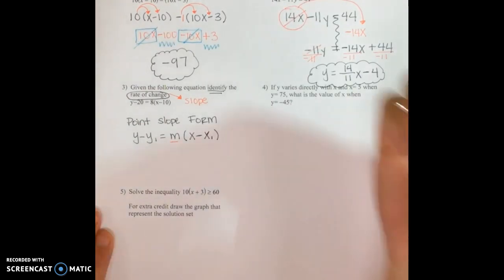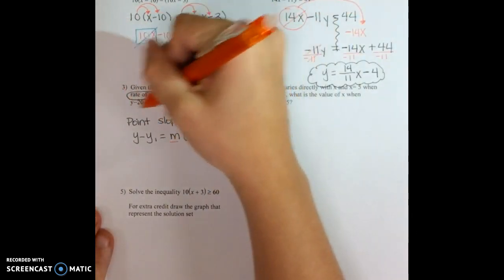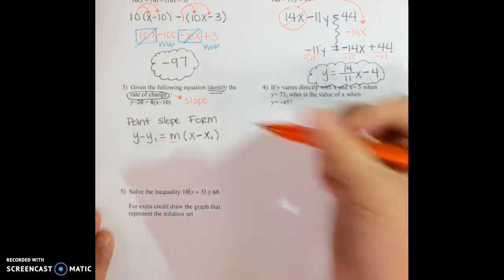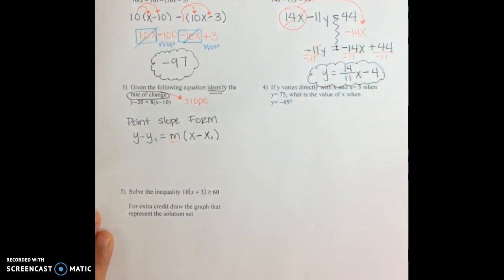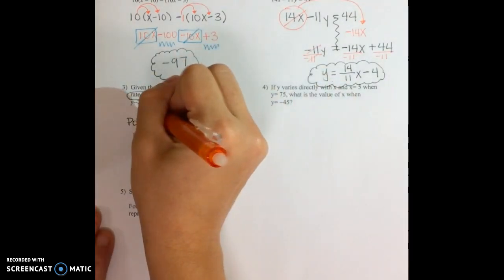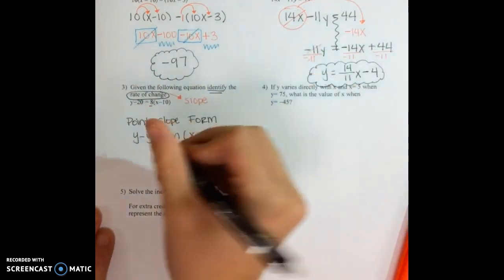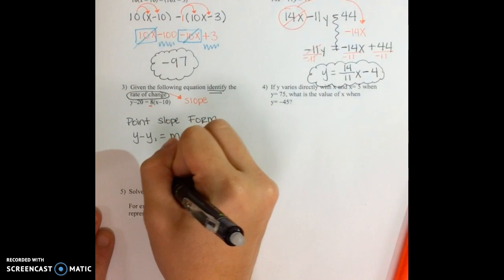Okay? So out of all of these numbers and letters, which one would be my slope? The one right next to the parentheses, because it's in point slope form. So the slope is the 8. So the answer for this, without any actual work, just because I recognize this, is 8.